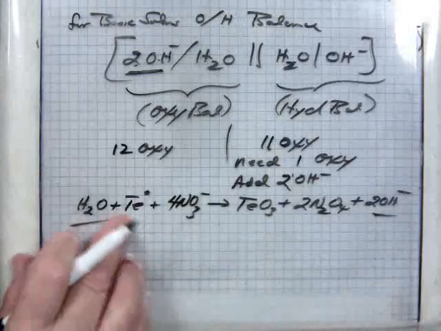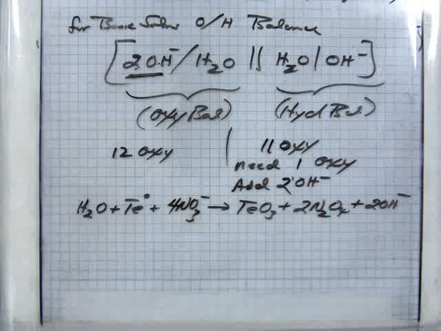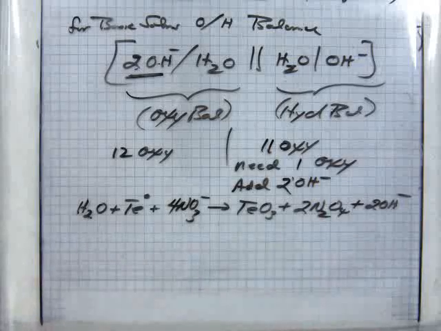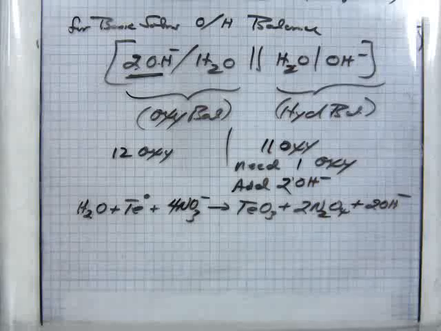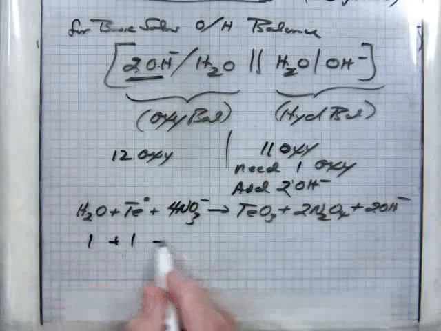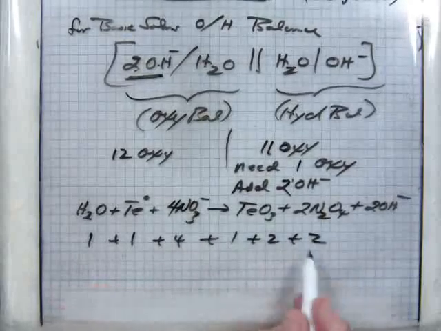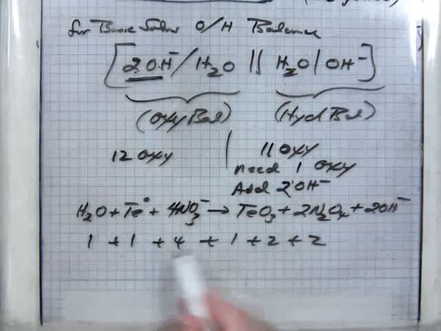Now, on test day, one of the answers they'll ask you for, when balanced, what's the sum of all the coefficients? When balanced, add up all the coefficients, and they'll have the list A, B, C, D of that addition. So here is 1 plus 1 plus 4 plus 1 plus 2 plus 2. 2, 4, 5, 6, 7, 8, 9, 10, 11.